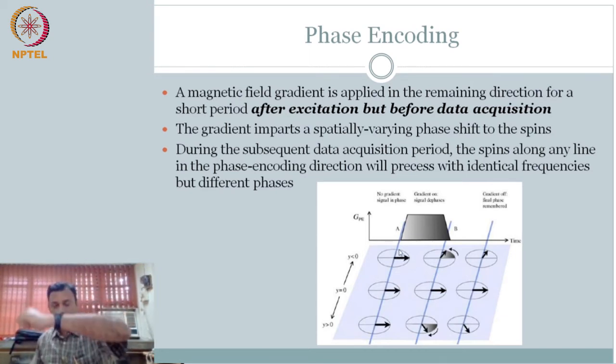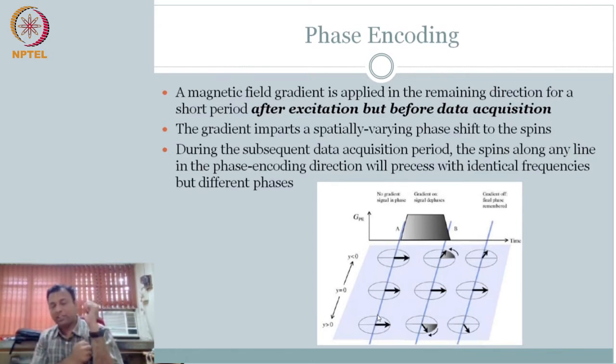Now, right after your excitation, I am applying a gradient in the y direction. Now everything is in the same phase and same frequency. If I apply a gradient, one end will have higher field strength compared to the other end. So the field strength is changing.